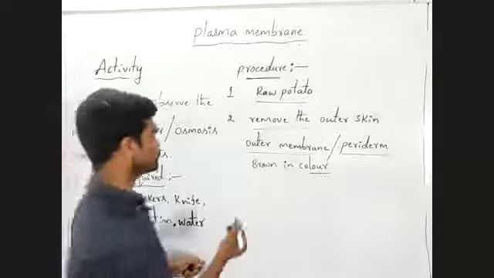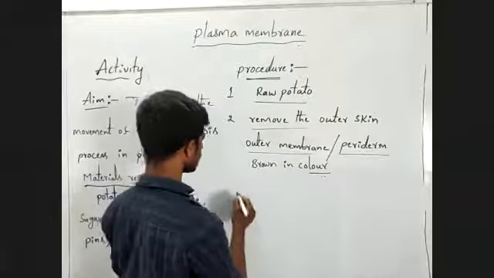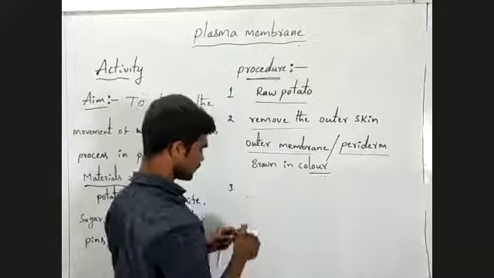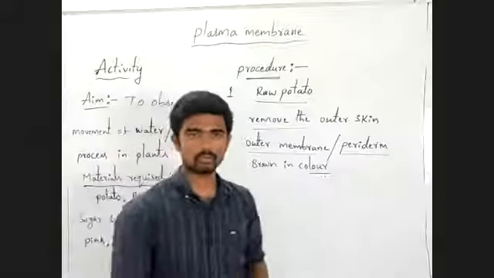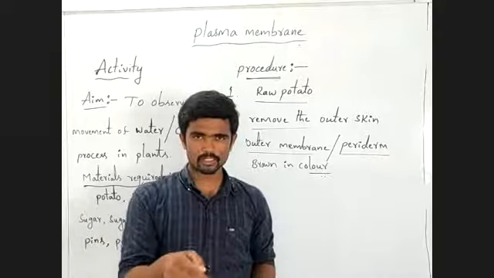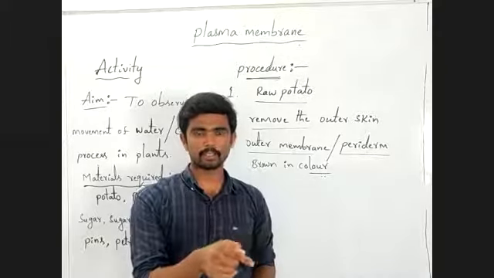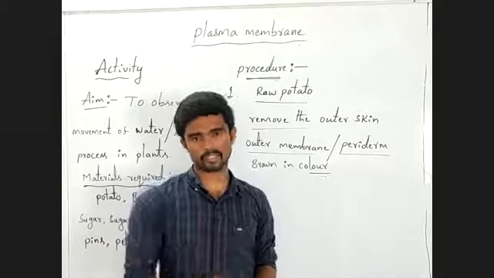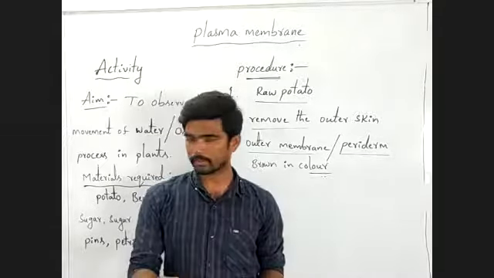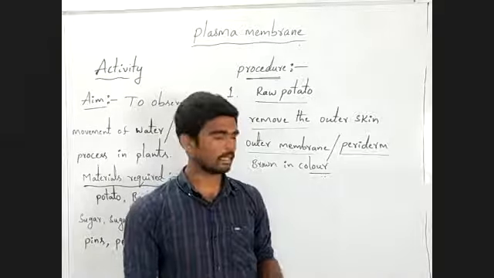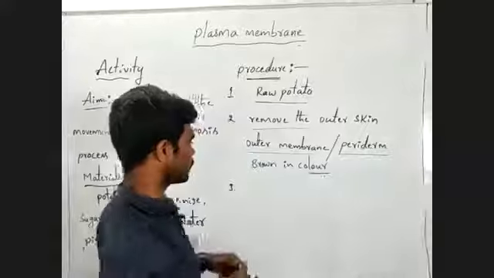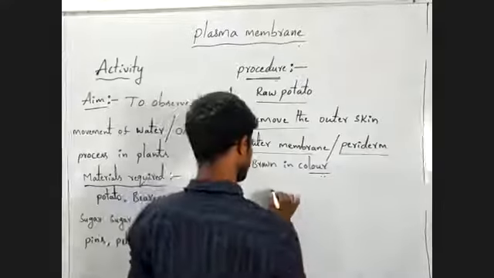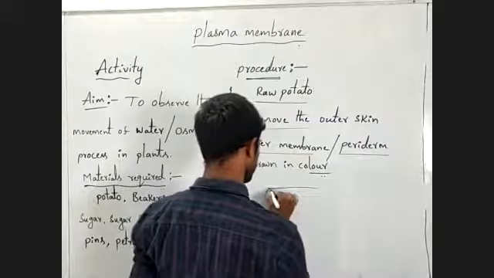Okay, then you have to cut the cube-shaped cup-like structure. Cube-shaped depression in potato. For example, imagine this is a potato.